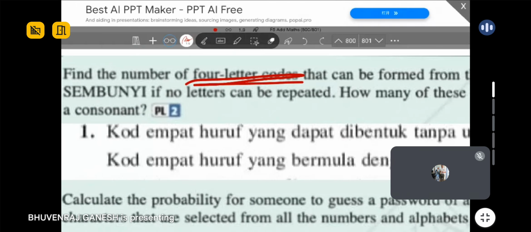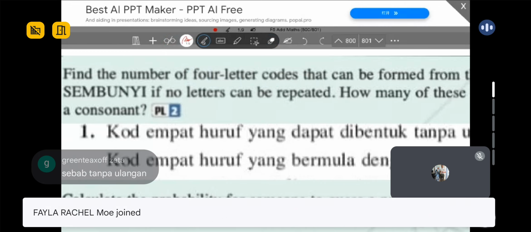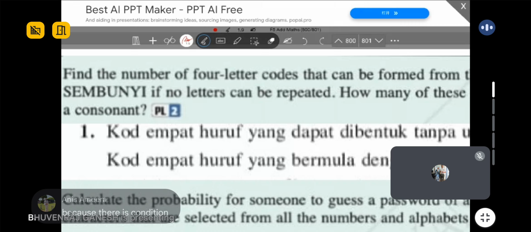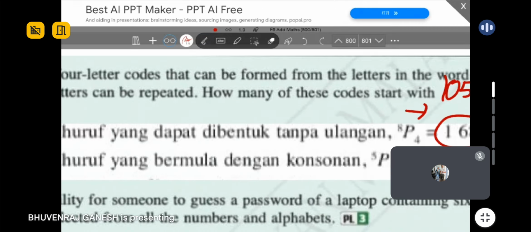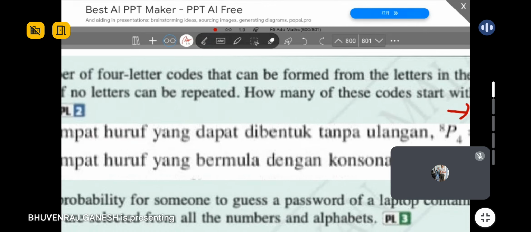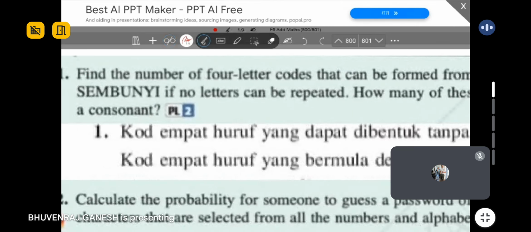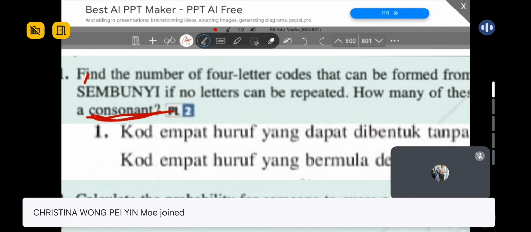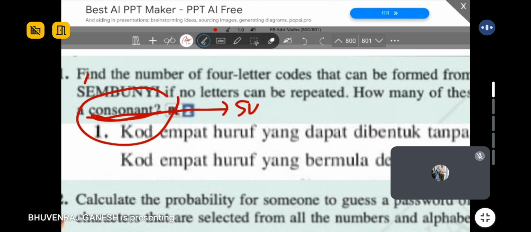So what is the reason over here? That's not the answer. Because, yes, very good Anis Amira. If you see the second question, they ask you how many of these codes start with a consonant. This is a condition.